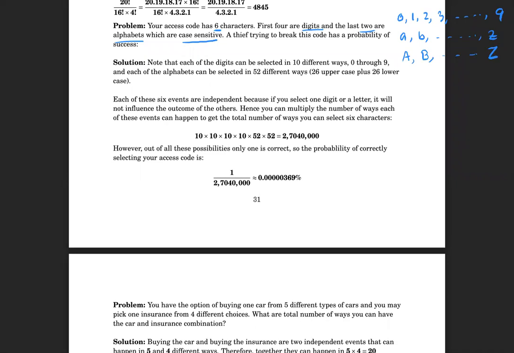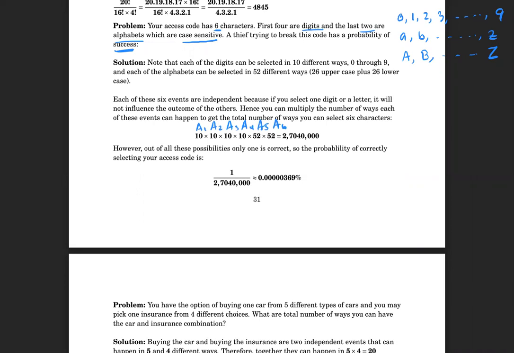Now, a thief trying to break this code has what probability of success? If there is a thief out there who is trying to break into your particular account, what are the chances that he or she would be successful? You can think of this as 6 different events: A1, A2, A3, A4, A5, and A6.